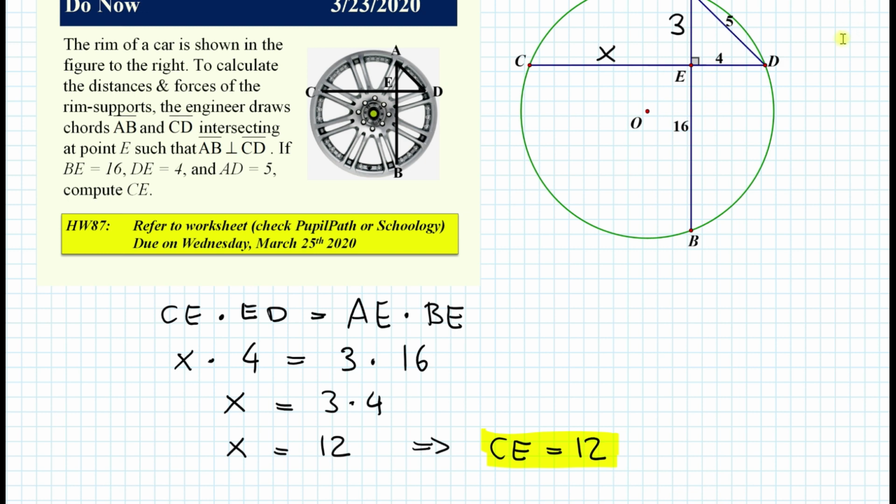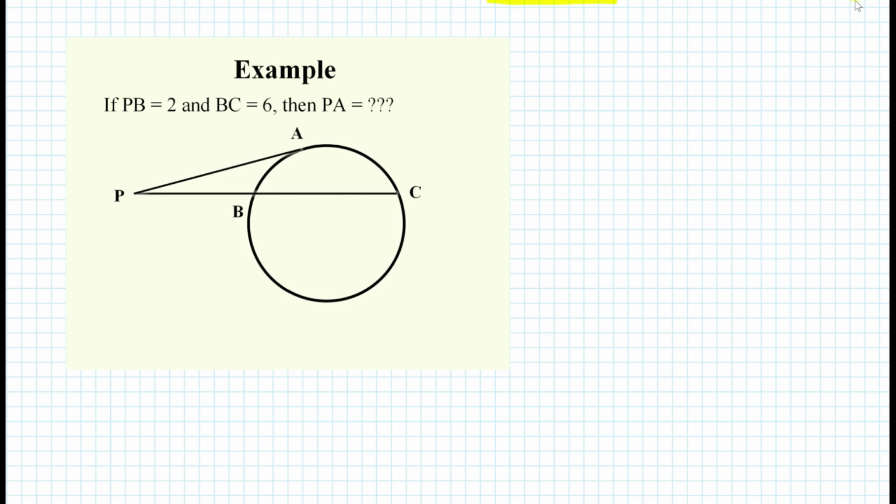So here we were just able to calculate the lengths of the pieces of two intersecting chords. Let's look at an example in which we do not have chords, but in which secants and tangents are involved in terms of their respective lengths. Here's a problem. According to the problem, the length of segment PB is 2, so let me write this in, 2.